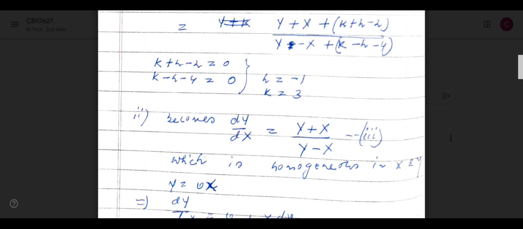We have learned in school that if we have two equations, you can find the values of k and h. h is equal to minus 1, k equal to 3. How many of you got it? Okay, next is variable separation.